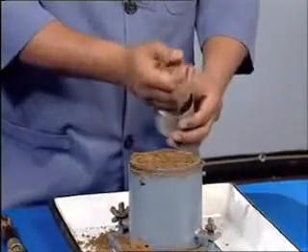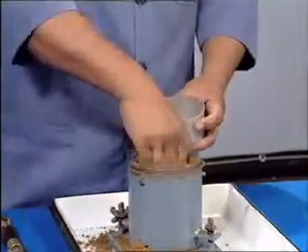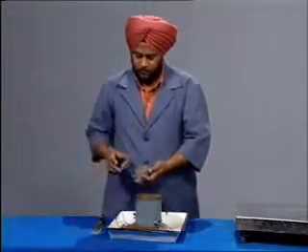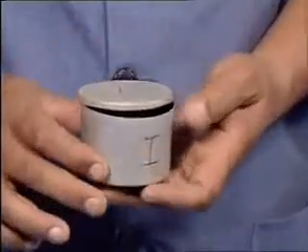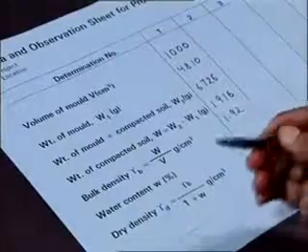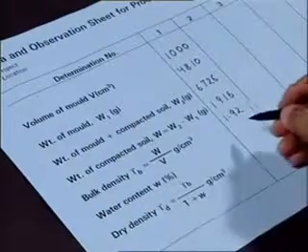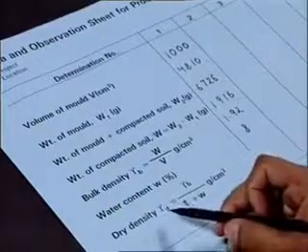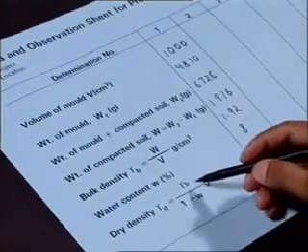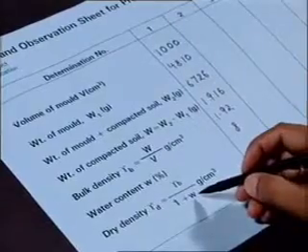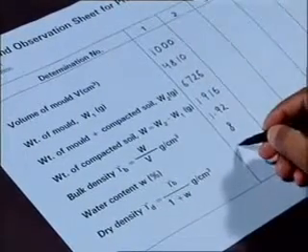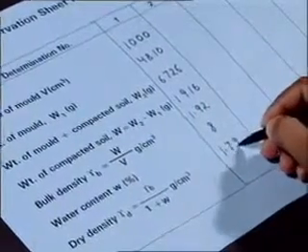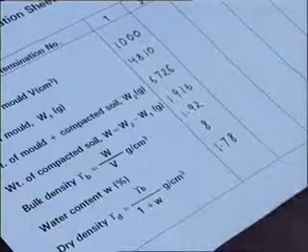Take the soil sample from the middle portion of the soil for water content determination by standard procedure. In this case, water content is 8%. Dry density is the ratio of bulk density divided by 1 plus water content. So in this case, dry density is 1.78 gram per centimeter cube.